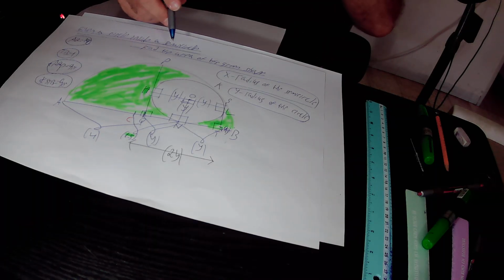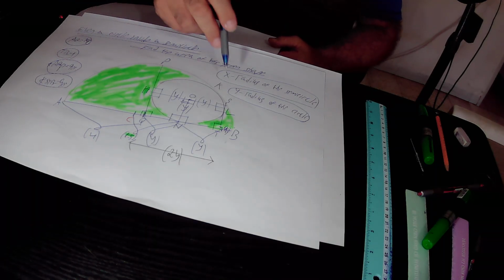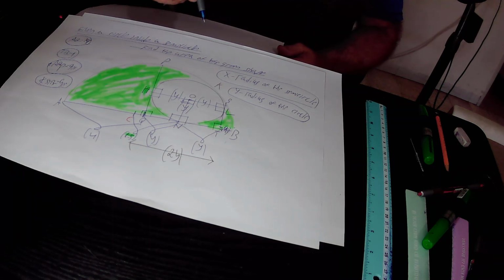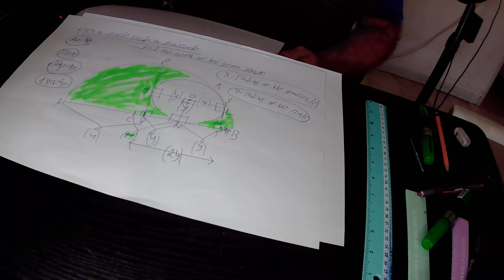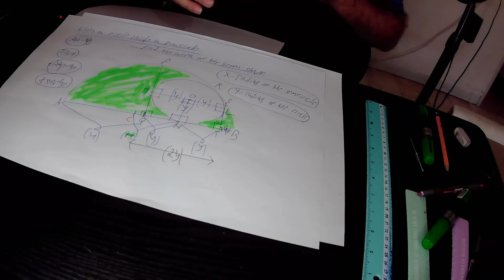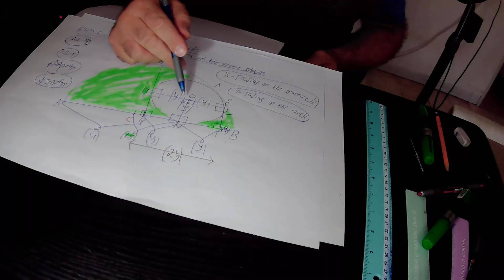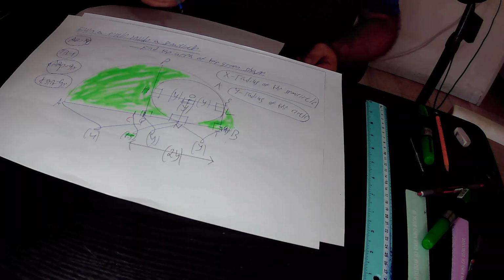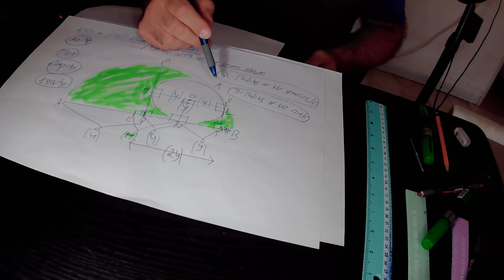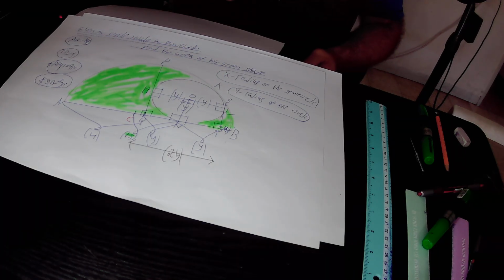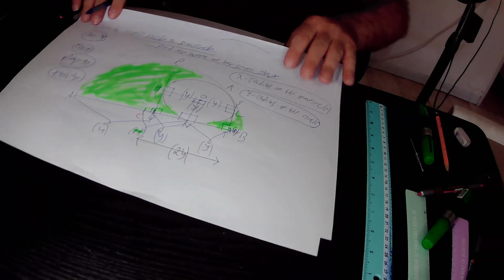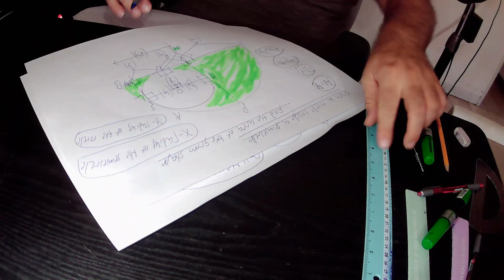The center of the big semicircle is at point C. The center of this small circle is at point O. The straight line that connects the centers is the straight line CO, and it must pass through their touching point K. COK is one straight line. So we join points C and O together by a straight line.